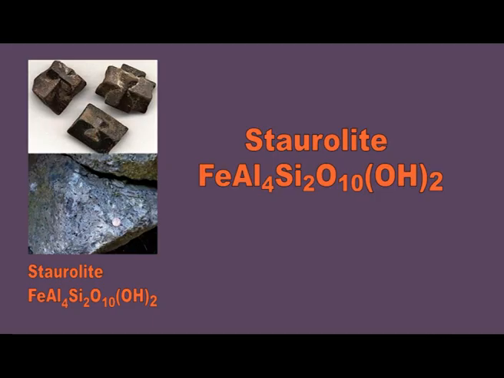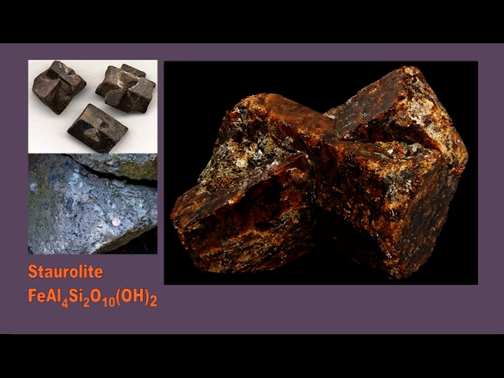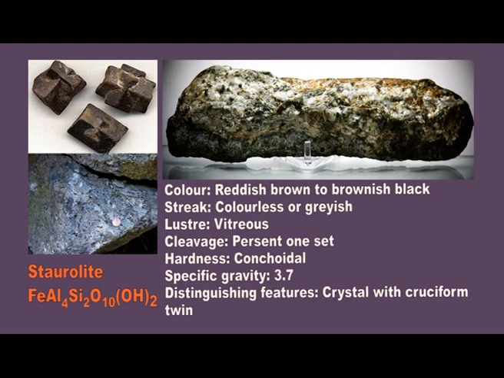Staurolite: FeAl4Si2O10(OH)2. Physical properties: crystal system orthorhombic, crystals common with obtuse prism, unlike andalusite, which is characterized by square prism. Cruciform twins. Color: reddish brown to brownish black. Streak: colorless or grayish.